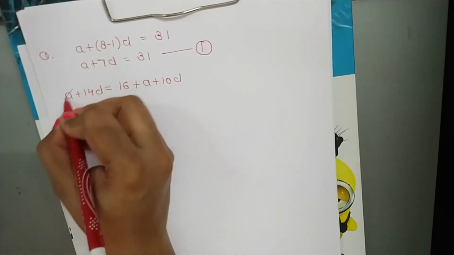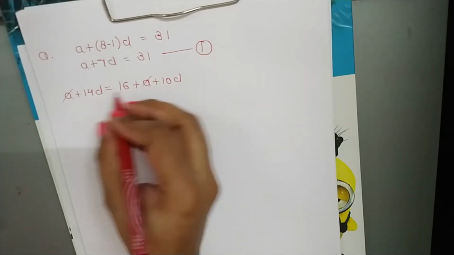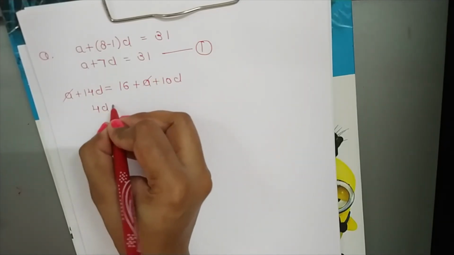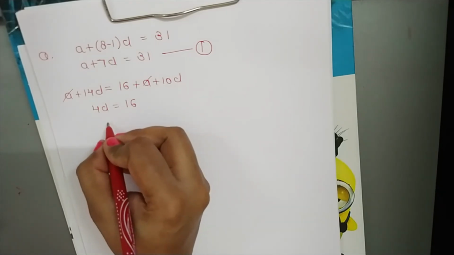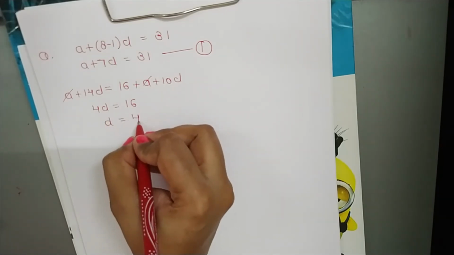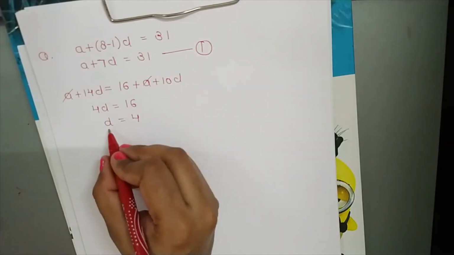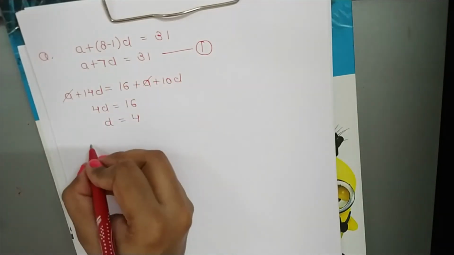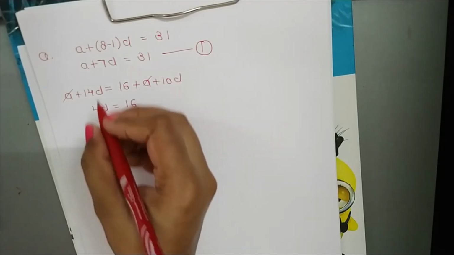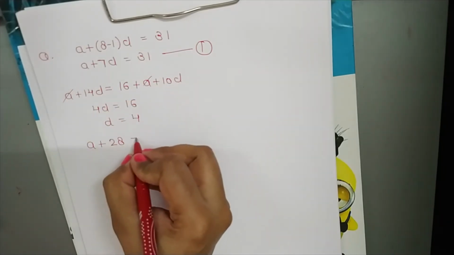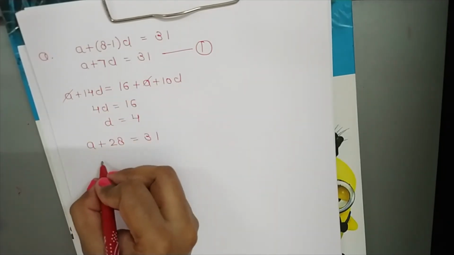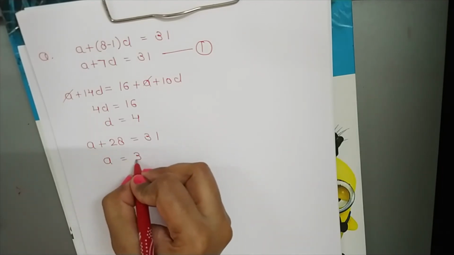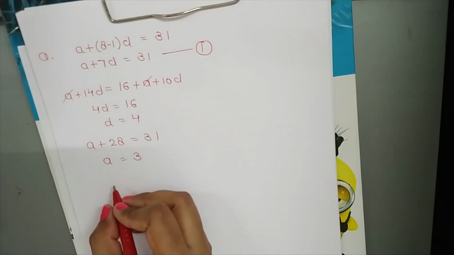Then a and a will be cancelled, it will be transferred. So 4d is equal to 16 and d is equal to 4. Now put the value of d in equation 1. So a plus 7 4s are 28 is equal to 31, that is a is equal to 3.